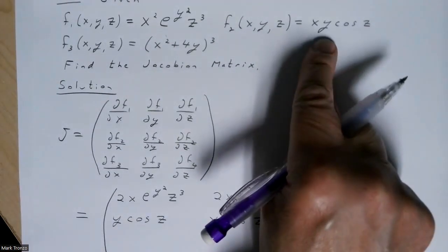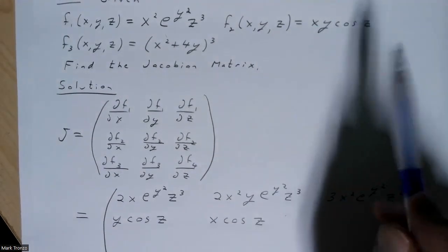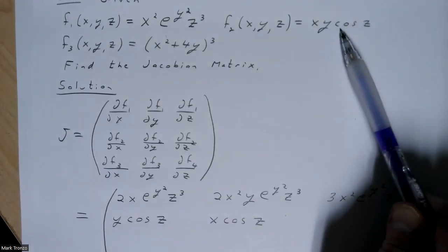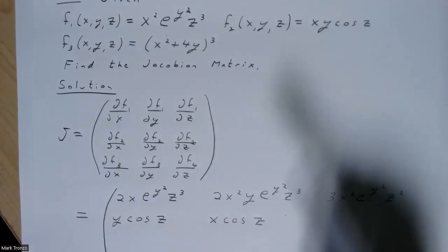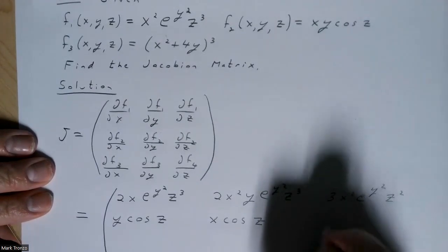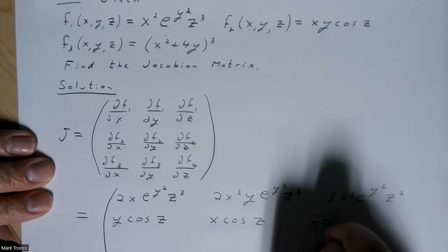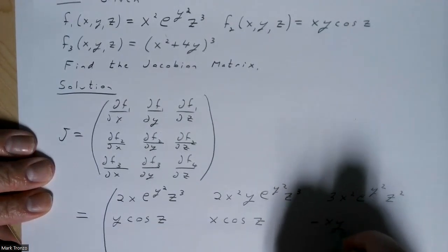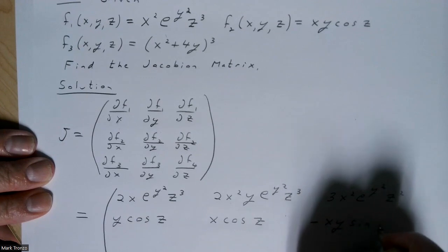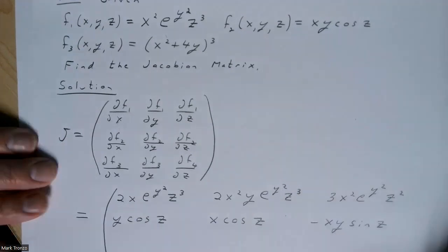And finally, the derivative of this with respect to z. Remember, when we take the derivative of the cosine, that gives us negative sine. So negative x y sine z.